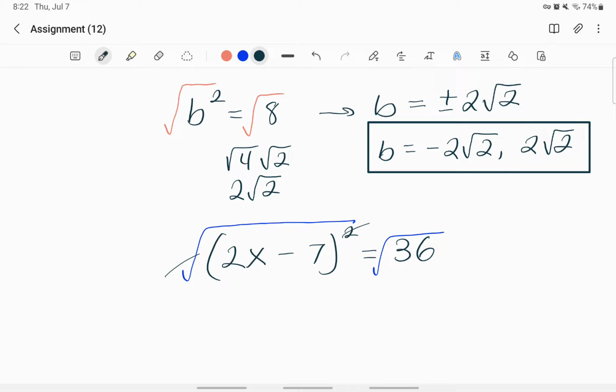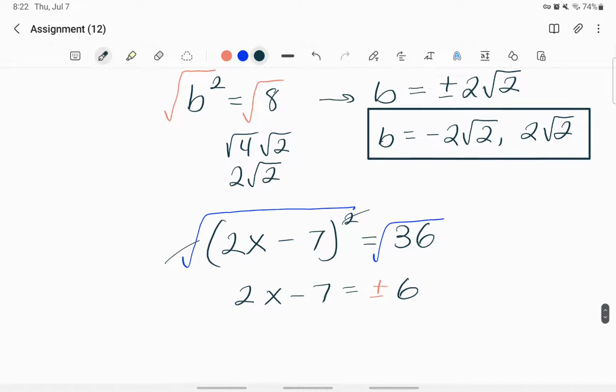The index and the power simplify, so I'm left with 2x minus 7. That is equal to, put your plus or minus down in front immediately, and the square root of 36 is just going to be 6. So plus or minus 6.